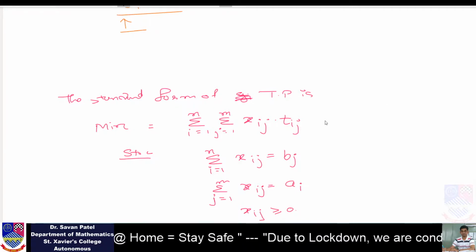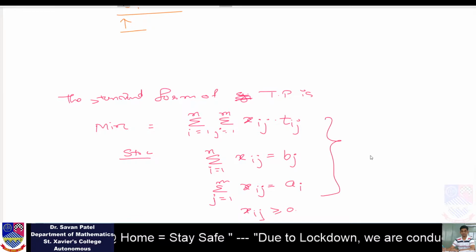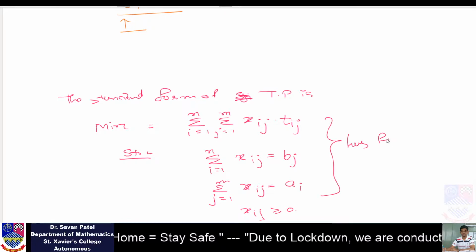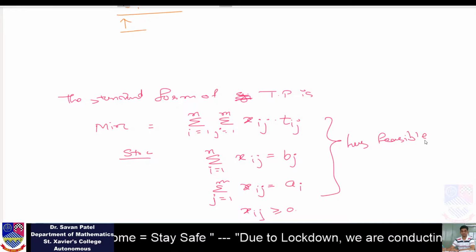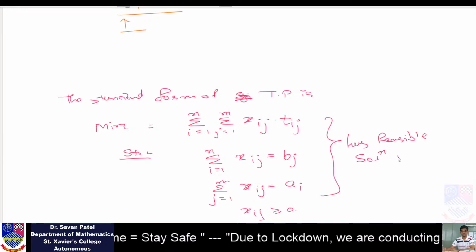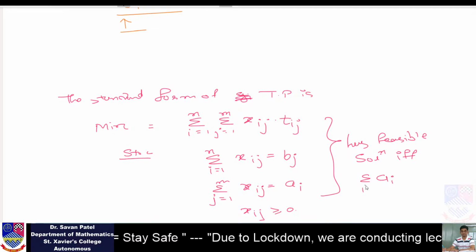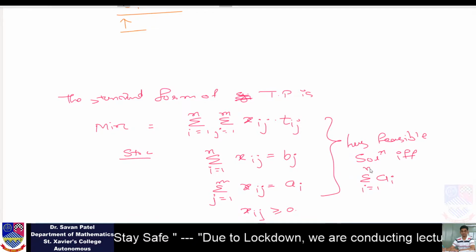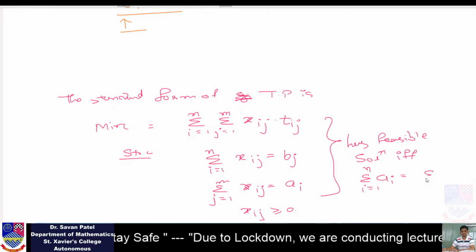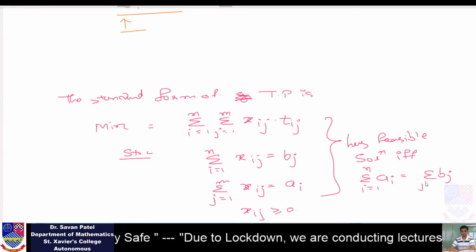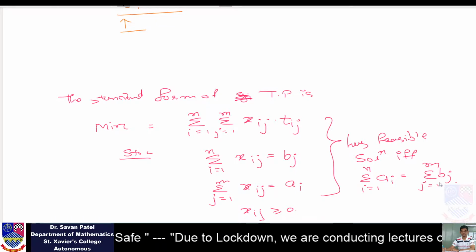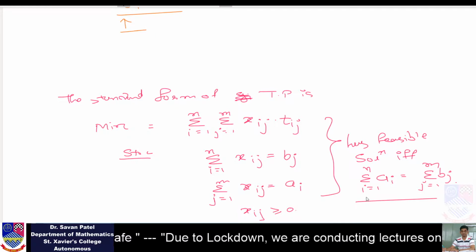Also, in the previous lecture we have seen that this has a feasible solution if and only if summation a_i, i equals 1 to m, is the same as summation b_j, j equals 1 to n.